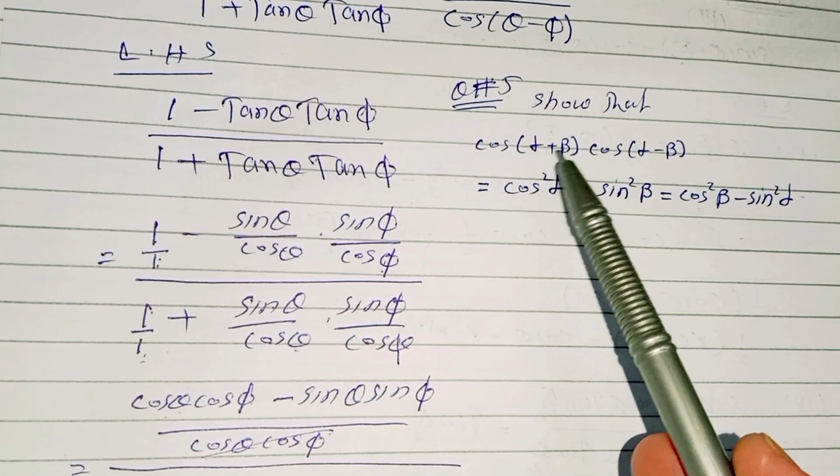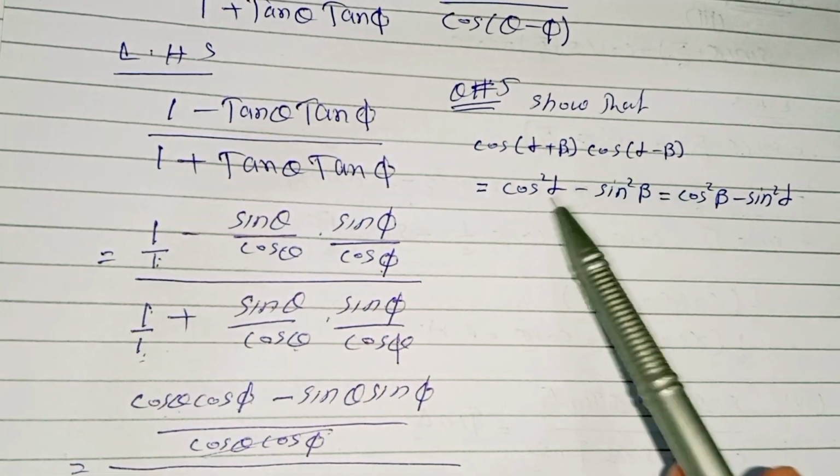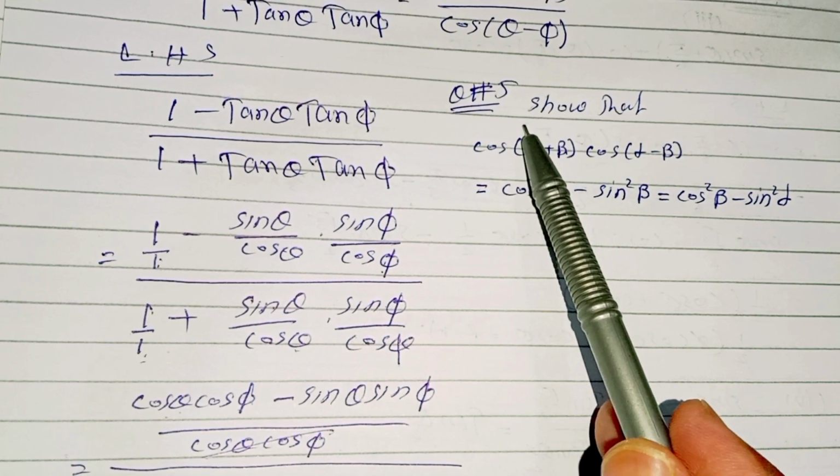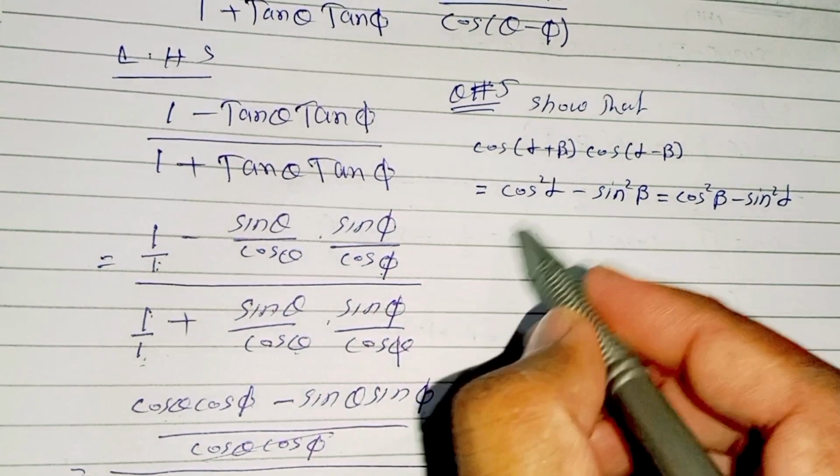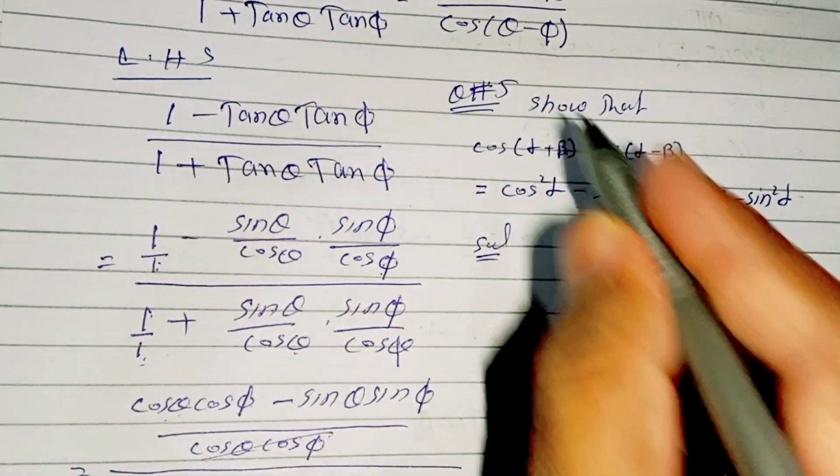Here we have three expressions that are equal. We take the first expression equal to the second, and then the second equal to the third. Let's start the solution.